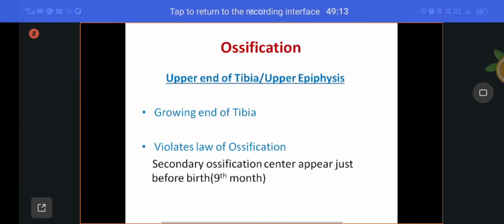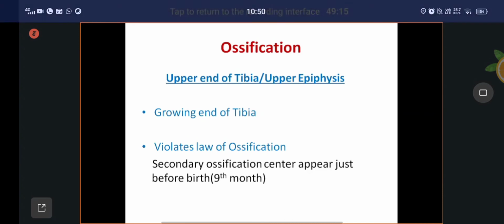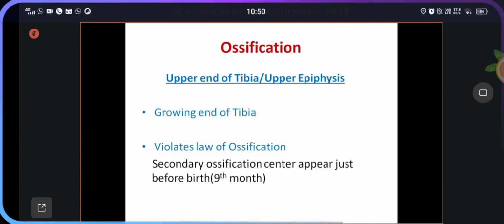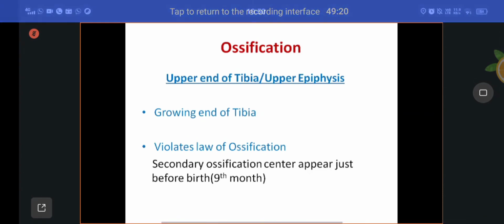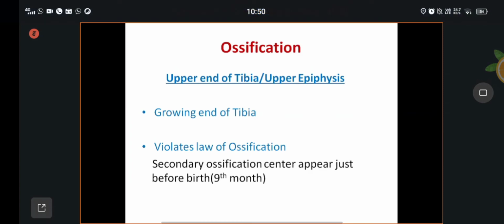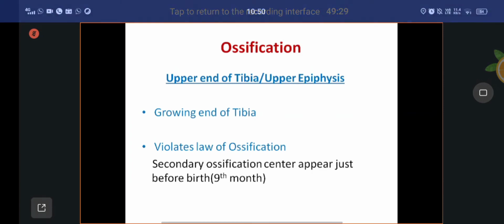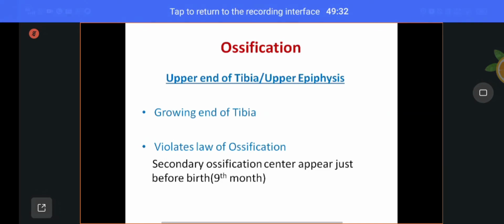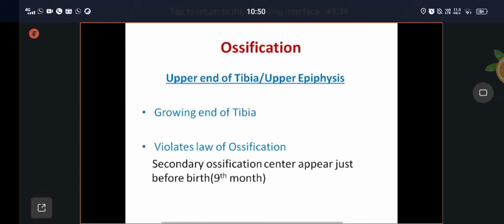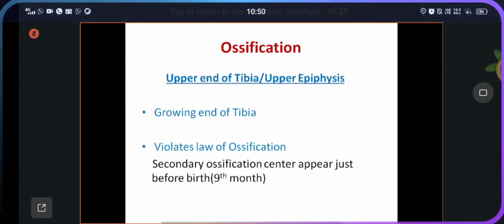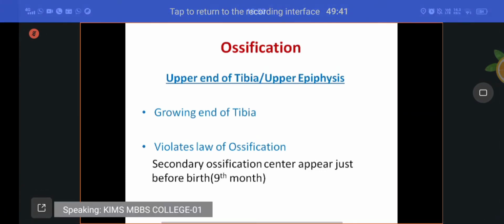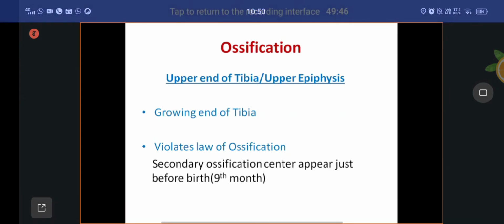Second, secondary ossification centers develop after birth. That means the ends of the bone, or epiphysis, develop after birth. The third law is that the epiphysis which appears first fuses with the diaphysis last. That is the growing end of the bone. There are many other laws.